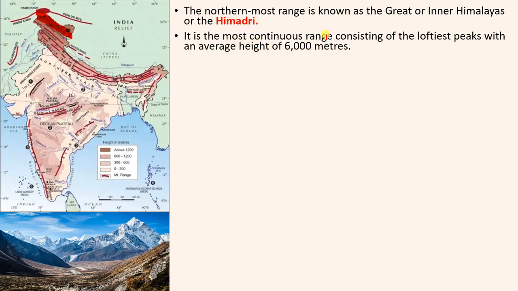It is the most continuous range, continuous means there is uniformity in their height, of the loftiest peaks with an average height of 6,000 meters. So in this area, whatever mountains are there, their average height is about 6,000 meters. It contains all prominent Himalayan peaks. Most of the prominent Himalayan peaks are found in this region.